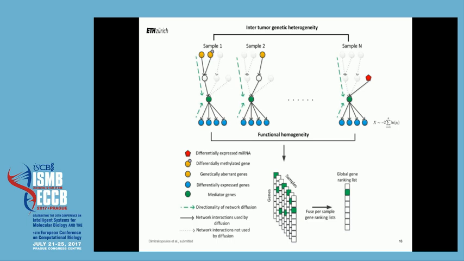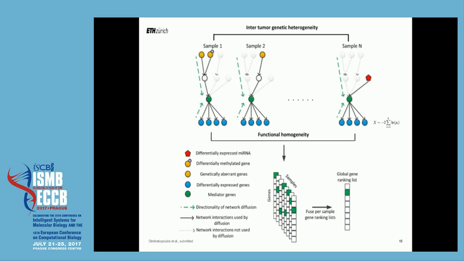The second diffusion process starts with the differentially expressed genes, the blue ones down here. And here we're diffusing against the direction of the network, so exactly in the other direction. The idea is then to combine the two diffusion scores from the bidirectional diffusion process and to find nodes in the network that get a combined high score.